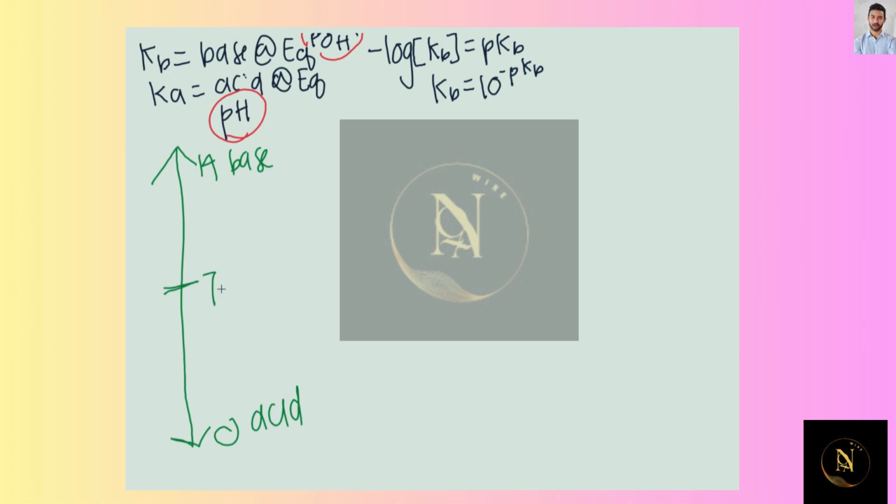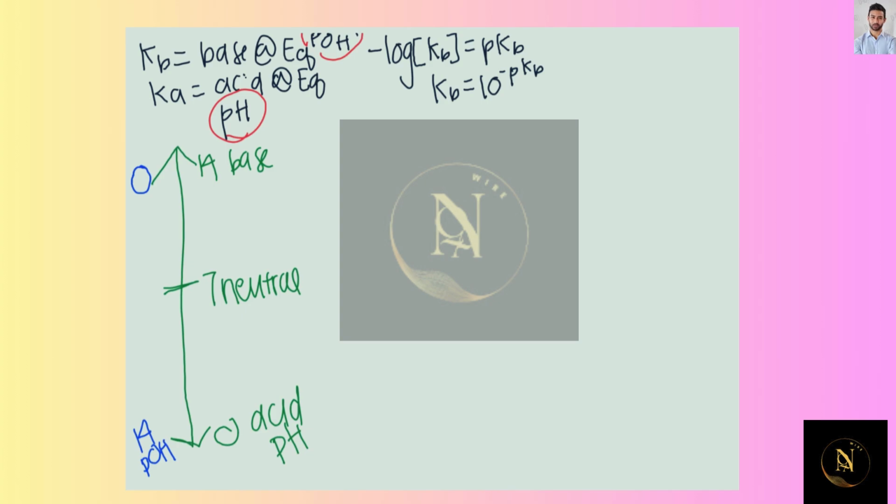In the middle, 7 is neutral, usually known as the water area, and your pOH is the opposite. So we'll be looking at these two scales to figure out this question.